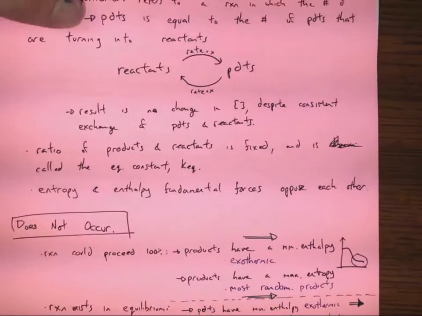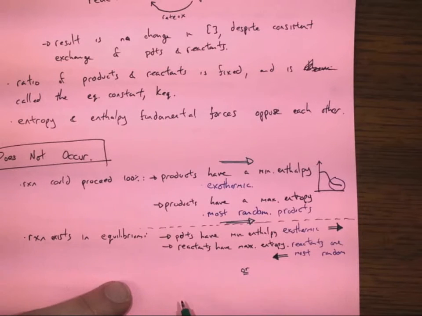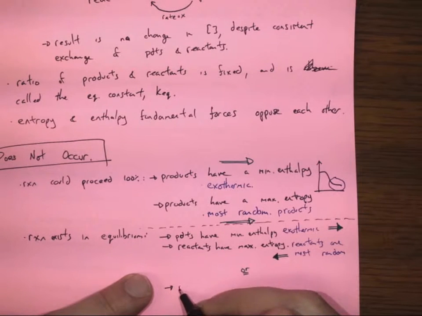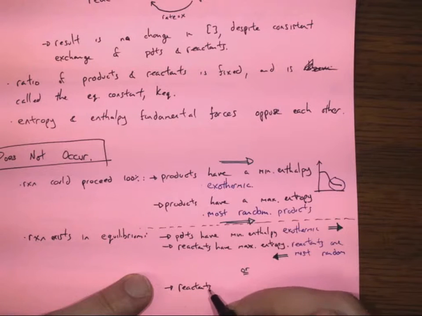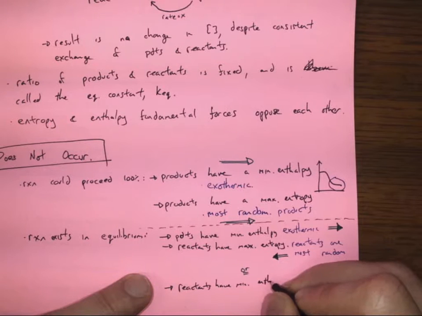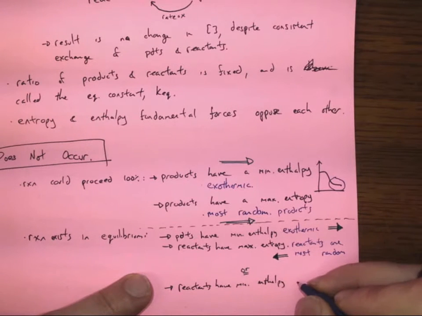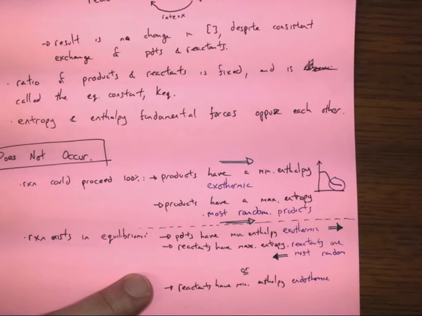Or there is another possibility for equilibrium. It could be the opposite. It could be that the reactants have a minimum enthalpy, which means that the reaction is endothermic, and the universe wants to push this reaction to the left.